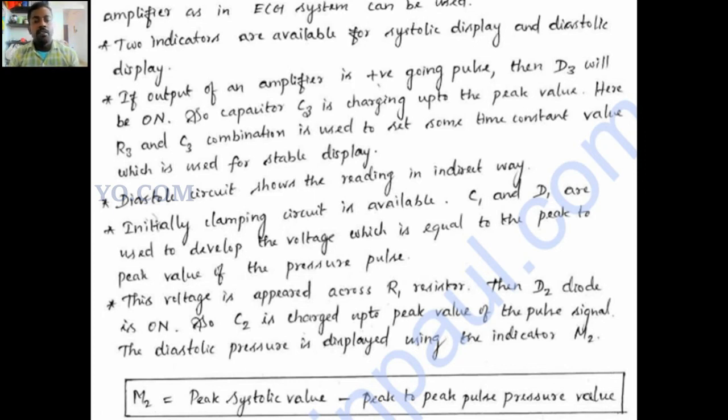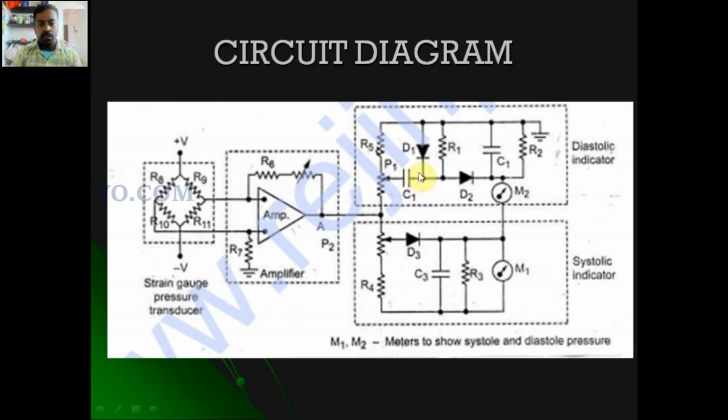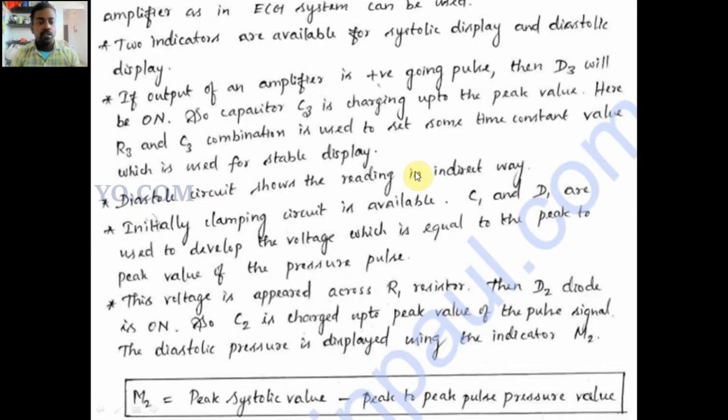Initially the clamping circuit is available. C1 and D1 are used to develop a voltage which is equal to the peak to peak value of the pressure pulse. These voltages appear across the R1 resistor, then the D2 diode is on, so C2 is charged up to the peak value of the pulse signal.